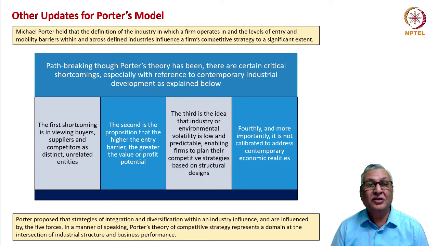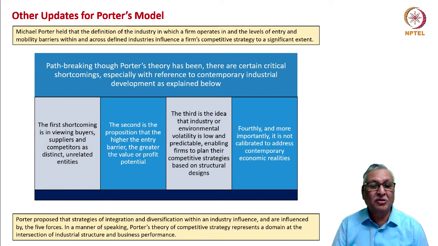Michael Porter held that the definition of the industry in which a firm operates and the levels of entry and mobility barriers within and across the industries influence a firm's competitive strategy to a significant extent. The theory has been path-breaking, but there are certain critical shortcomings, especially with reference to contemporary industrial development. These are explained here.